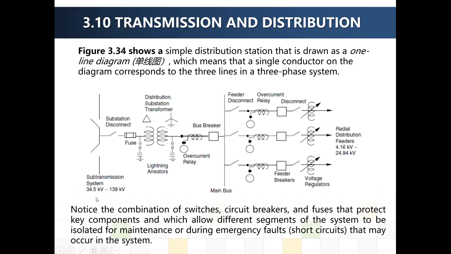As we can see in this figure, this is what we call the sub-transmission system. The voltage level is between 34.5 kilovolts and 138 kilovolts. And this is a sub-distribution substation.